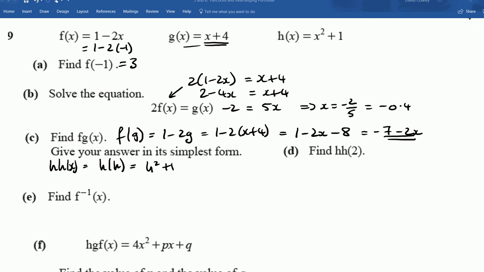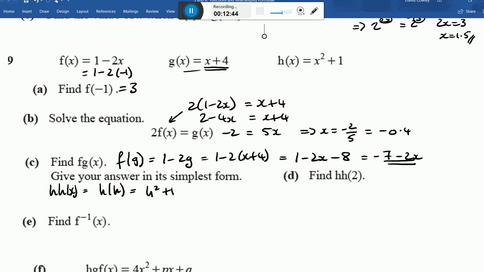But we have to remember now that h squared is x squared plus 1 squared. So h squared plus 1 is x squared plus 1 squared plus 1.